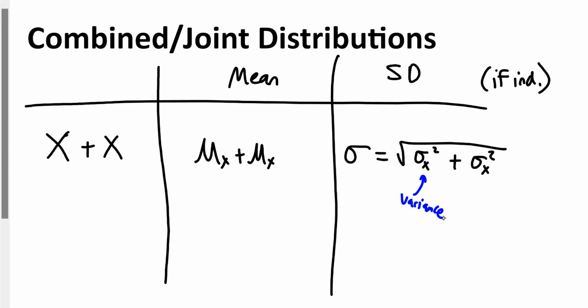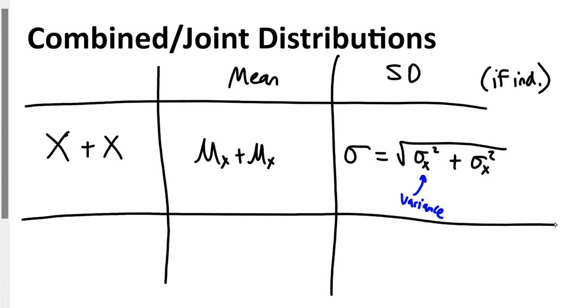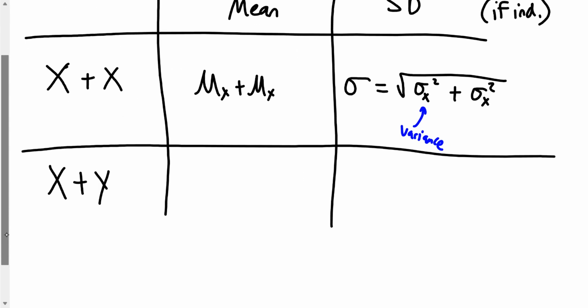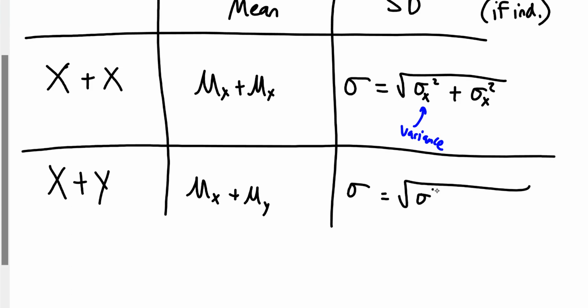Good recap there. The same thing goes if you're adding two different distributions, x plus y, two different random variables. The means would be added. Standard deviation is the same formula: the square root of the variance of x plus the variance of y.